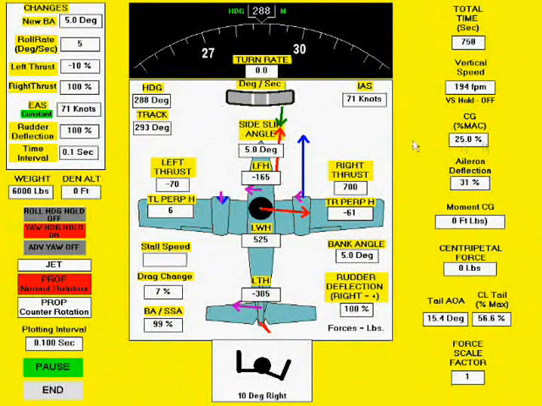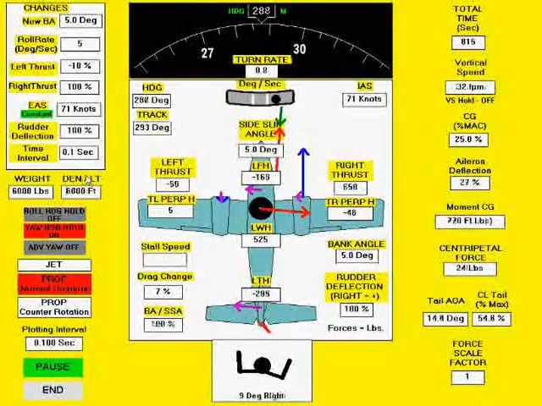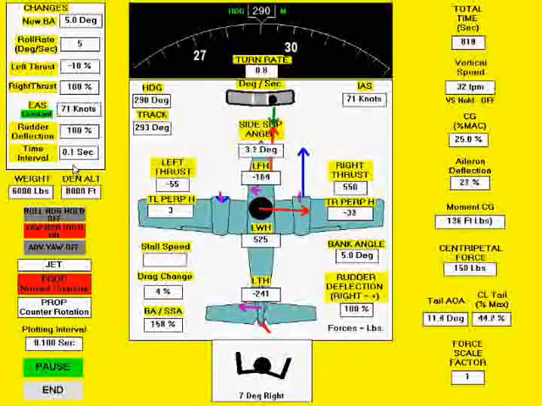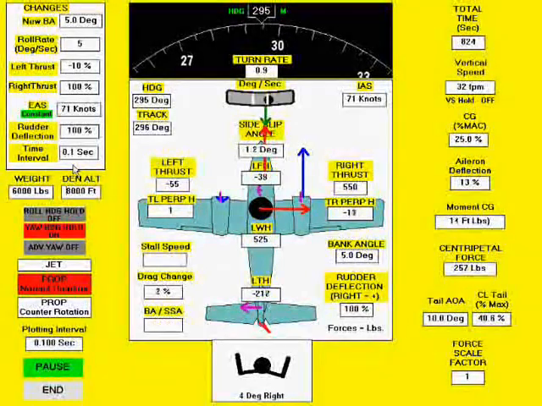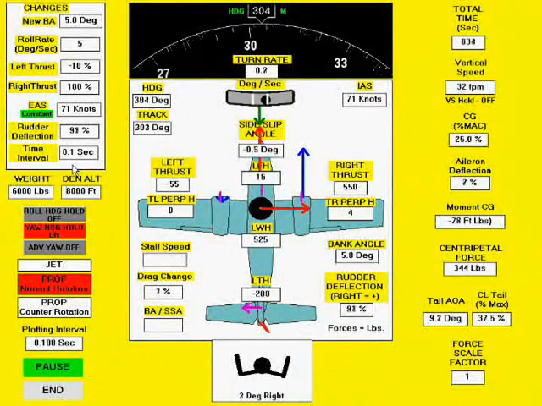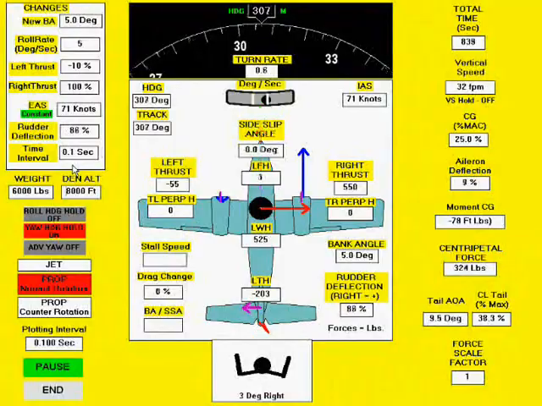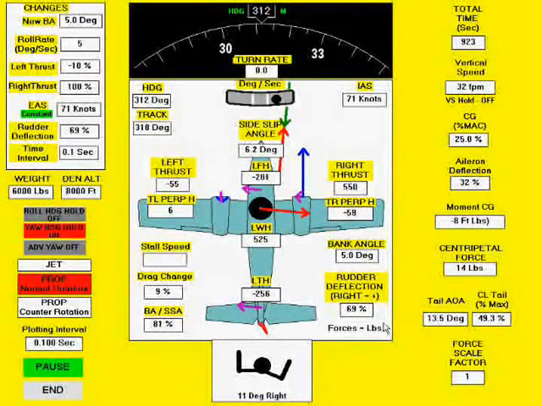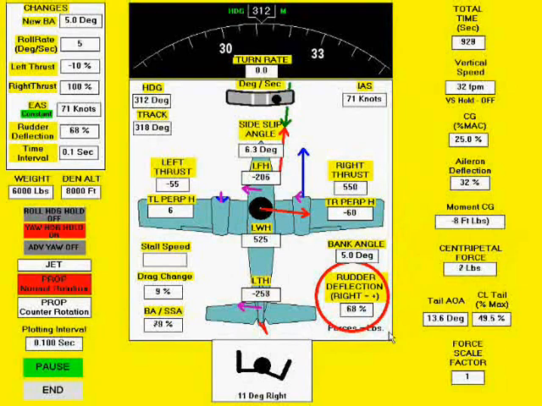Let's repeat this sequence with a 5-degree bank angle. At sea level, we see that VMC is 71 knots. Changing density altitude to 8,000 feet. We now reduce airspeed.